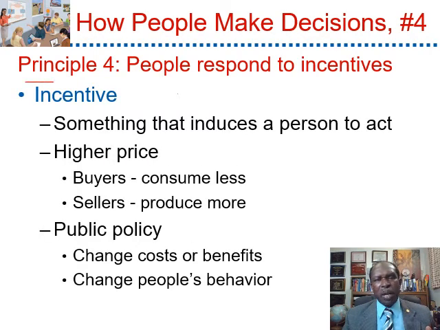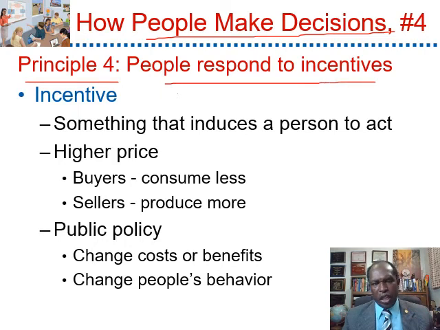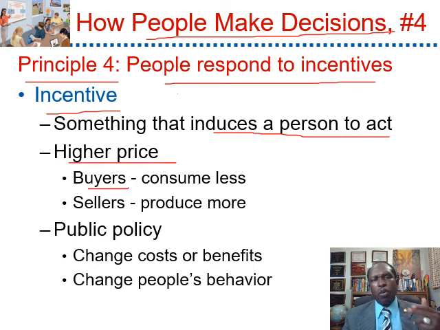The last principle of how people make decisions deals with people responding to incentives. What is an incentive? An incentive is something that induces a person to act. For instance, in a market with higher prices, buyers want to consume less because they don't want to spend all their money. Sellers want to produce more because they want to make more profit.